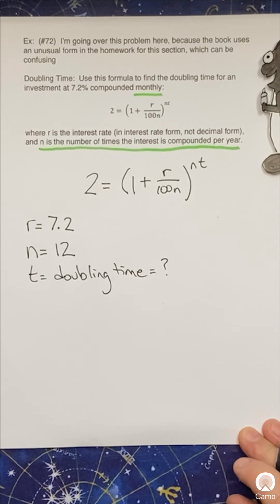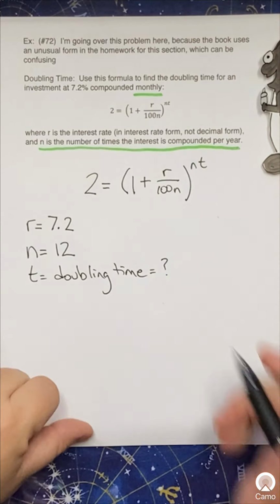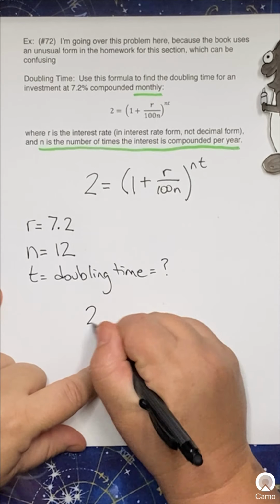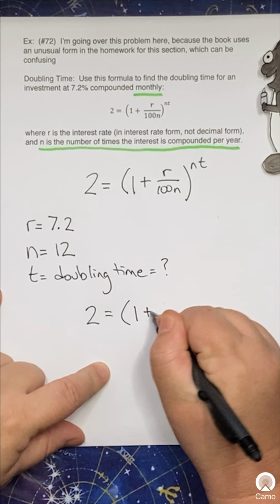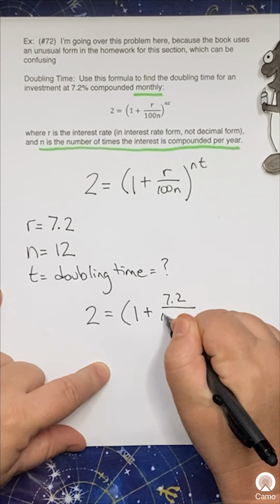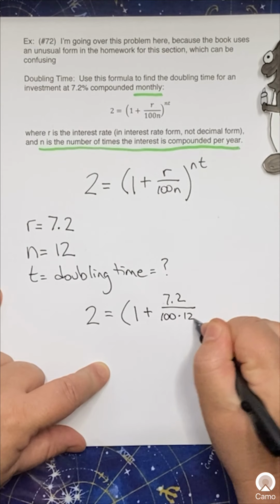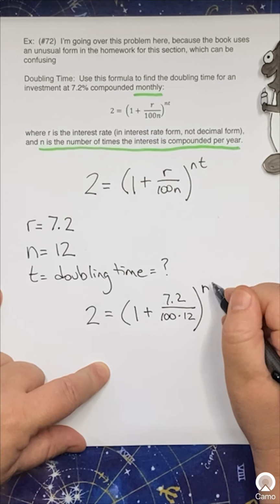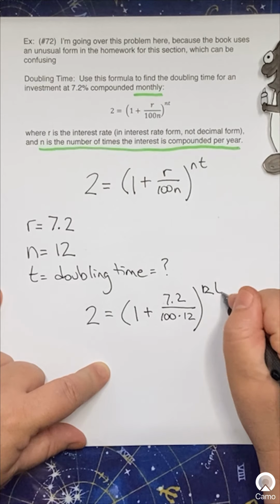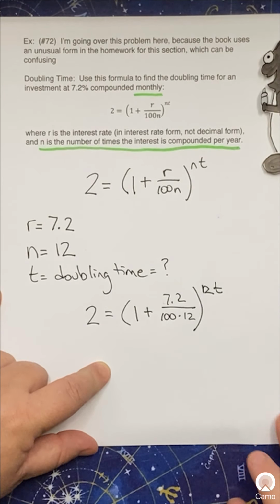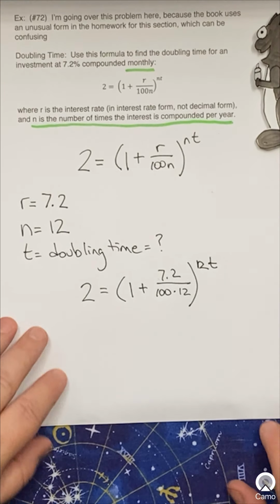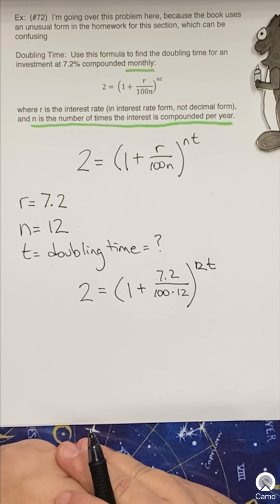That's the unknown variable. Okay, let's plug this in. I got a 2 equals 1 plus 7.2 all over 100 times 12, to the 12t. Okay, so far so good.